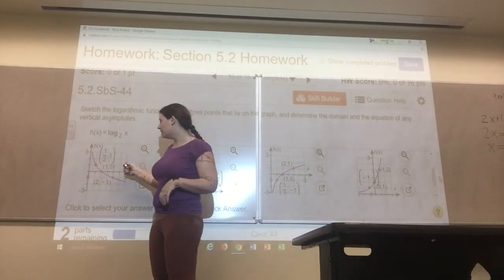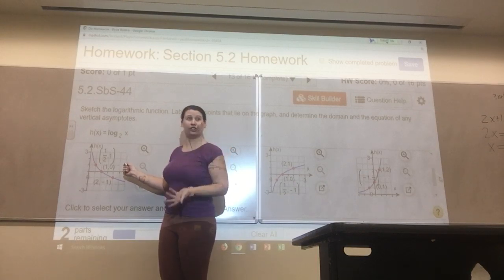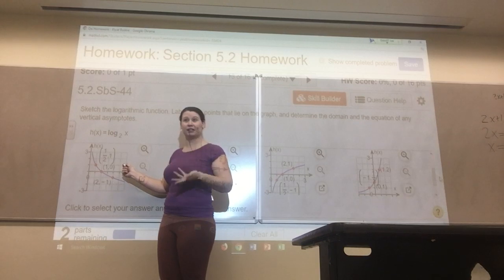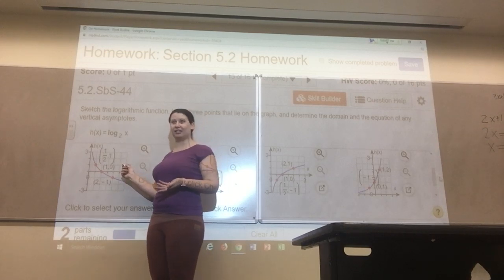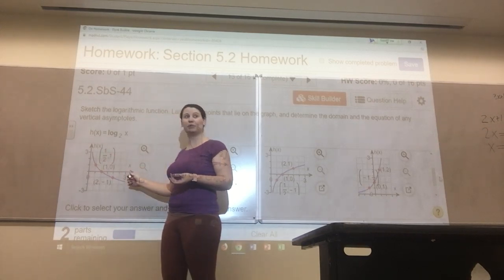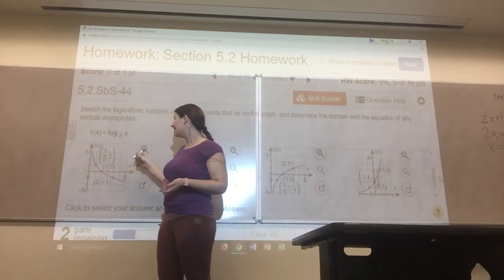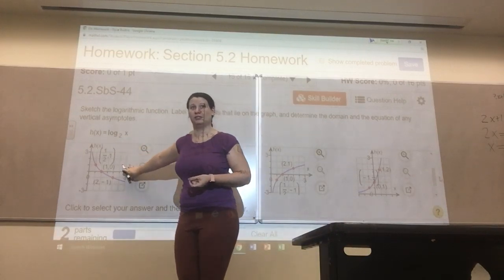This one is the reflection of a logarithm, right? So we flipped it around the x-axis, so that means the negative was where? In with the x or outside? Outside. So the axis it flips is not where the negative is. So this is negative log base 2 of x.